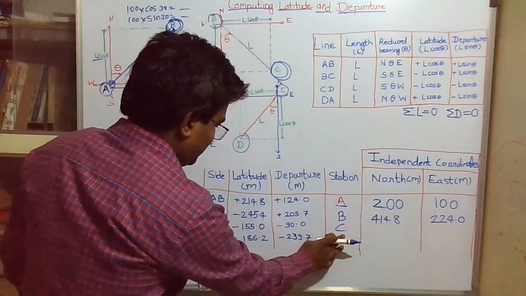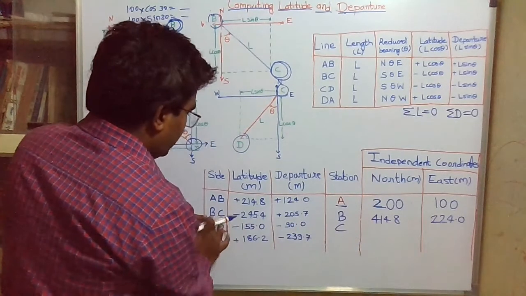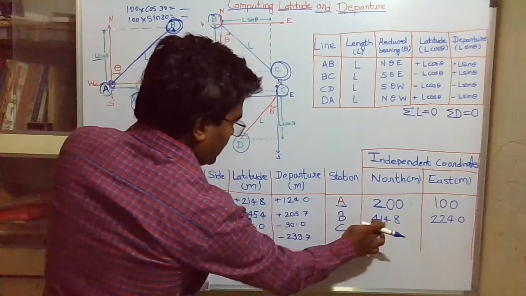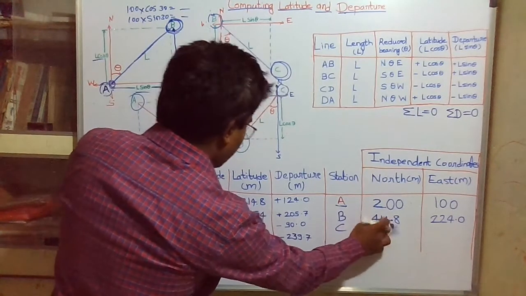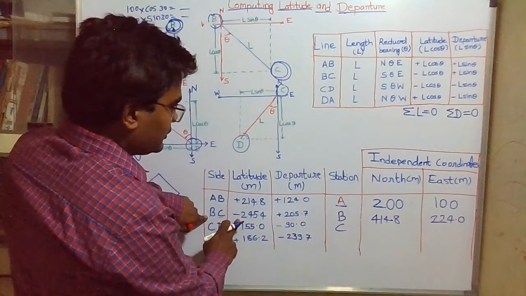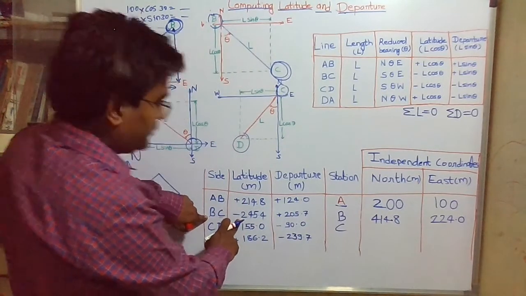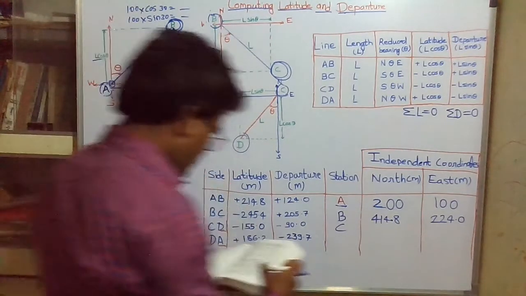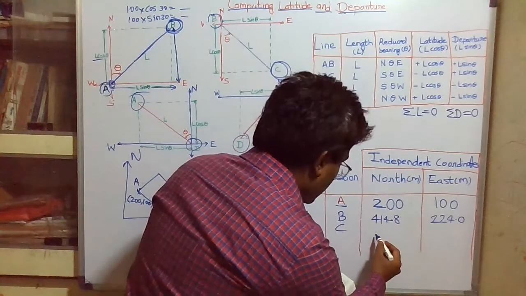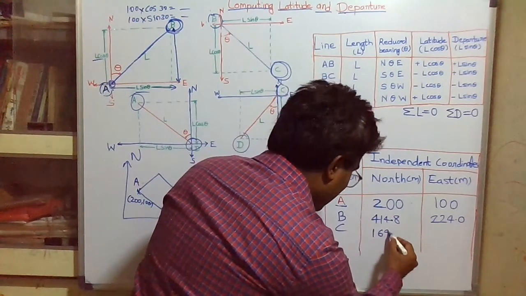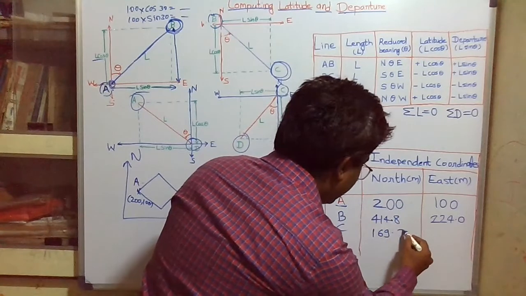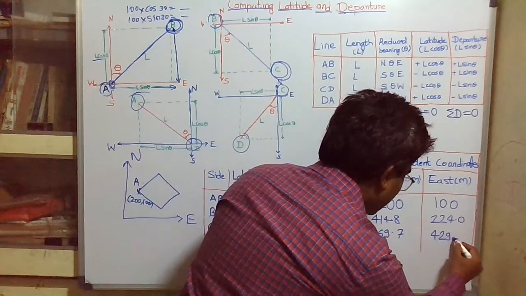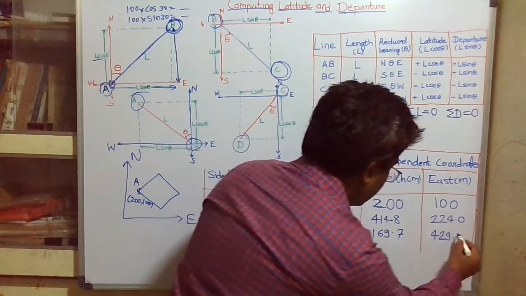Next, point C. Here the distance of C from B we know, so just add 414.88 minus 245.4, and we get 169.7, and here 429.7.